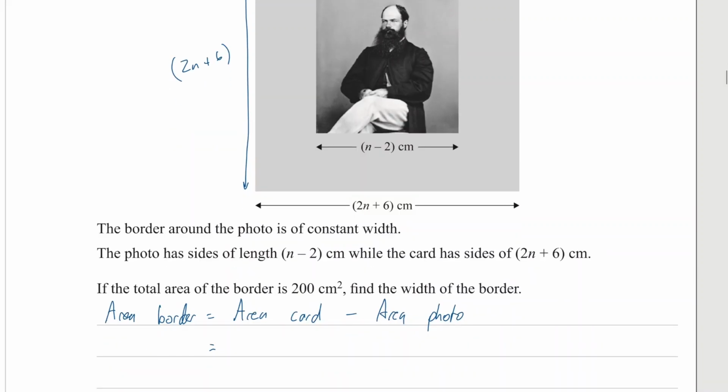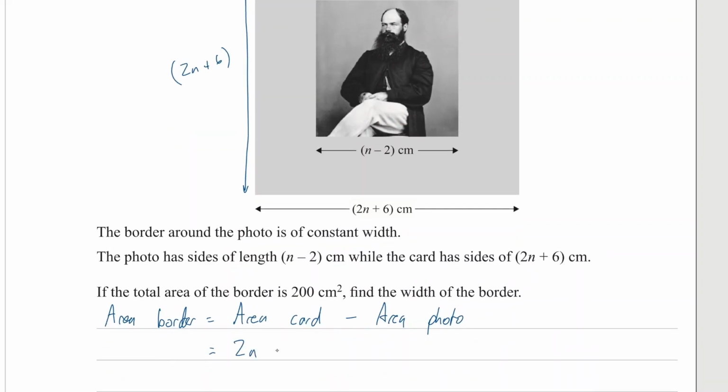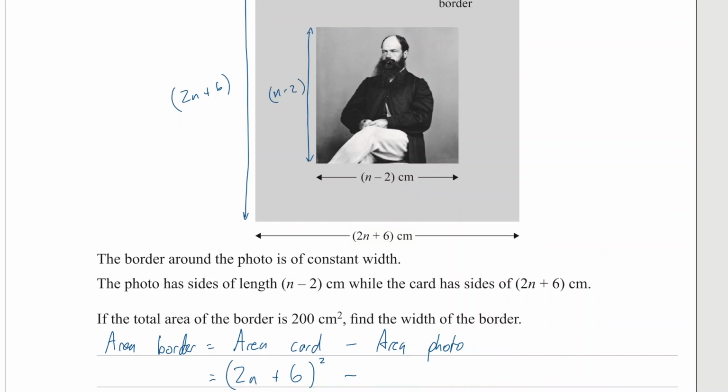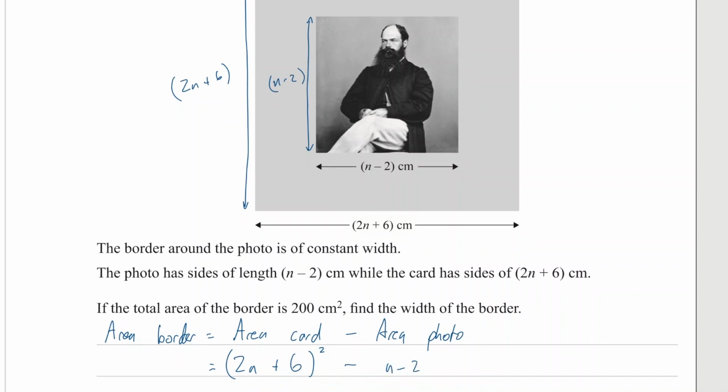So that area would be 2n plus 6 squared, because it's a square, so the area is one dimension squared. And we subtract from that this square photo area, which likewise will be n minus 2 squared.